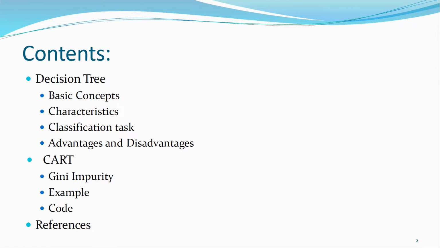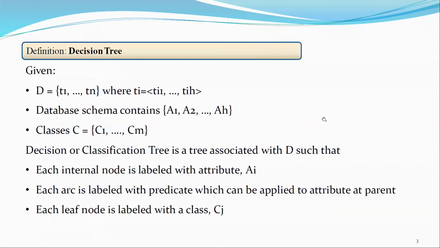Okay, let's start with the basic concepts. Now let's have a look at the definition of the decision tree. Consider a given data set, D equals T1, T2, T3 up to Tn, where each Ti is represented as Ti equals Ti1, Ti2 up to Tis.